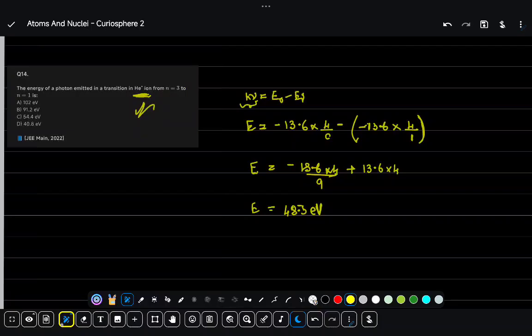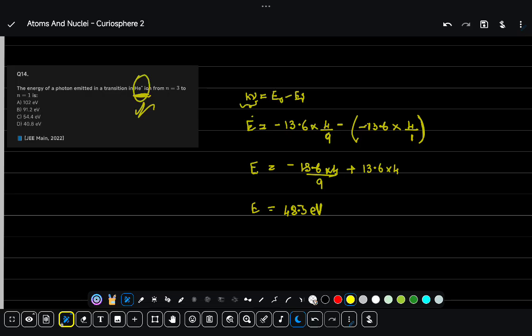Electron volt. Yeah, there's no issue with the units. What are they asking? Energy of a photon, which is E only. Difference in the energy levels, which is only what have we done? Right, it's Z square by n square. So minus 13.6 Z squared.